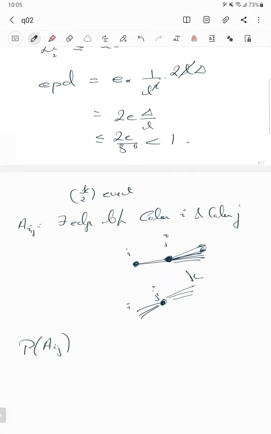I got delta by L. I'll check my notebook. I must have drawn something. Yeah, the delta by L, you are only looking from one side. Okay, I think you are thinking, let us now pick any vertex from one color class. It has at most delta neighbors, but here you have a total of L vertices in the second color class. So therefore, you can bound it by delta by L. Okay, but again, think about that.